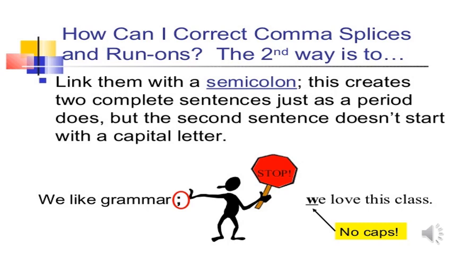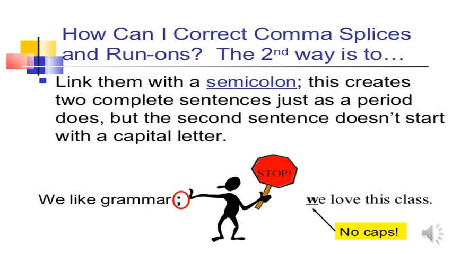The second way to correct comma splices and run-on sentences is by linking them with a semicolon. This creates two complete sentences just as a period does, but the second sentence does not start with a capital letter.